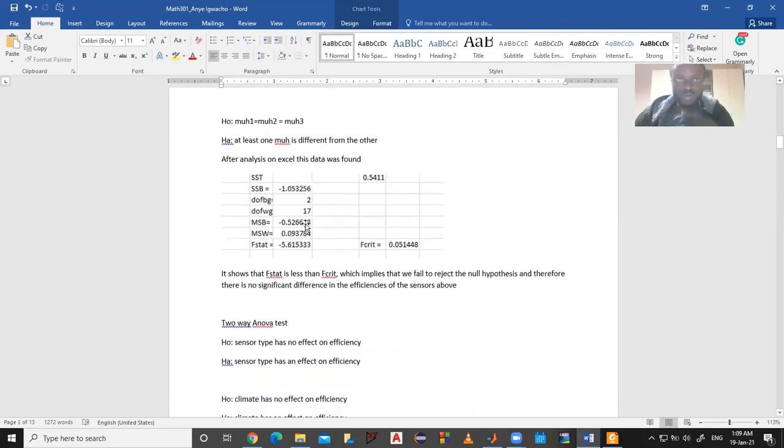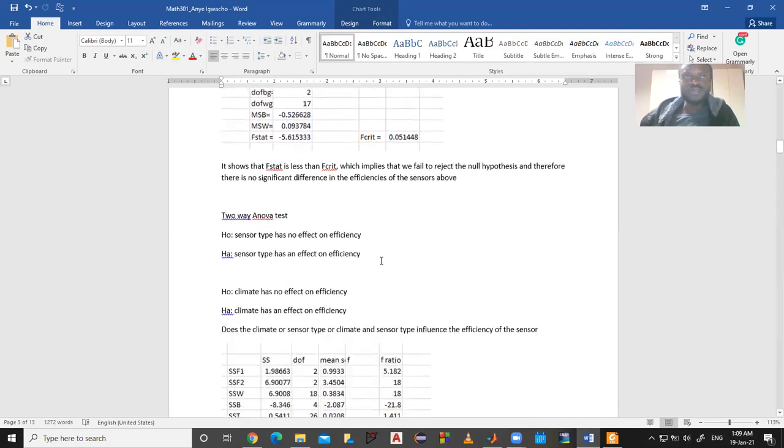After calculation, I got an F stat that was less than the F critical. So the conclusion was that we failed to reject the null hypothesis, and therefore there is no significant difference in the efficiencies of the sensors.